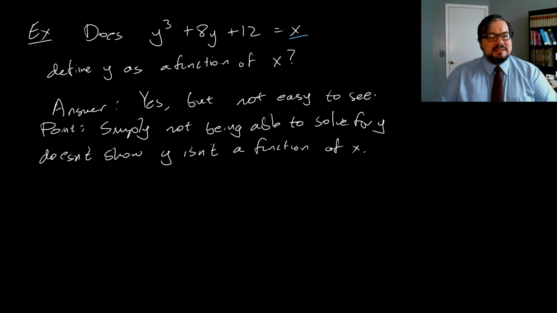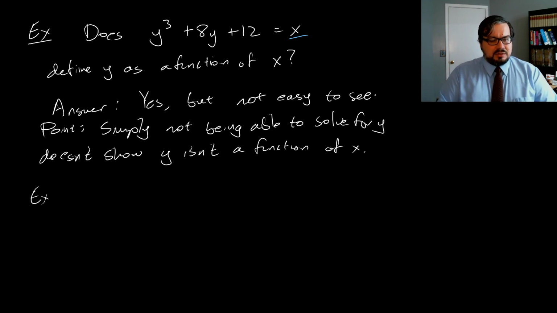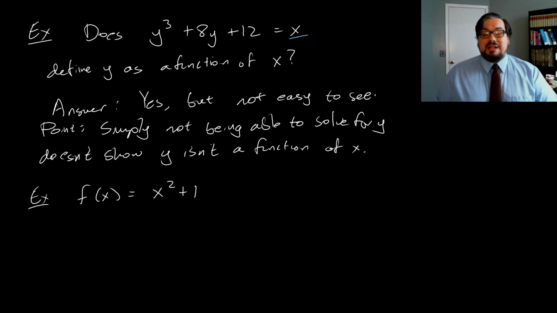All right, and then the second warning that I want to give is that the definition of a function says that for every input there can be only one output, but it doesn't say anything about the other way. So let's look at f of x equals x squared plus 1. This is actually the original function that we looked at. So this is a function where for every input x, the output is x squared plus 1.